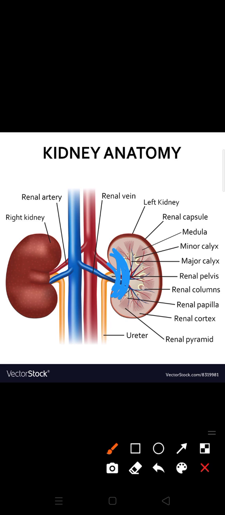Later on we will discuss all the parts of the kidney, but firstly we have to understand the main function of the kidney. The kidney serves several regulatory functions, like regulating electrolytes.